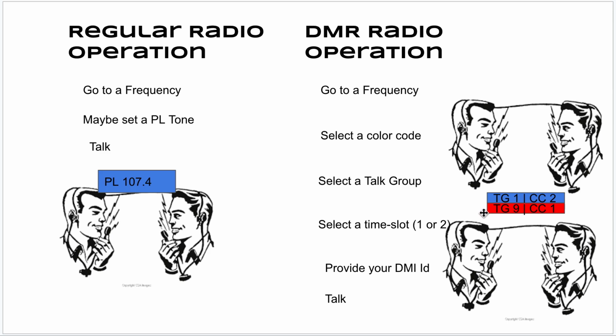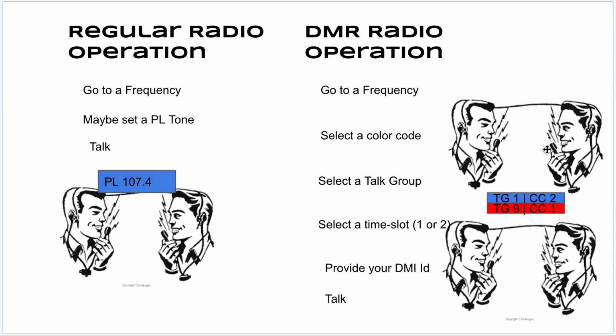And then it scans time slot 2 in the alternate sets of 30 milliseconds. So it'll be scanning time slot 1 for 30 milliseconds, time slot 2 for 30 milliseconds, time slot 1 for 30 milliseconds, time slot 2 for 30 milliseconds. And that's fast enough that our ear cannot detect any cut in the speech, and two people can actually talk on one frequency, just in different time slots.